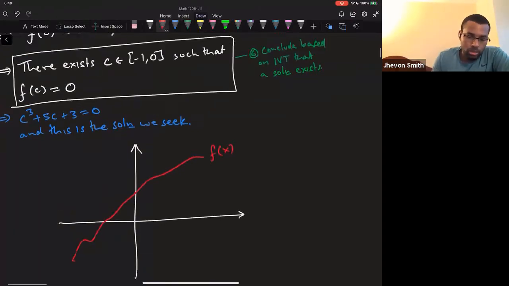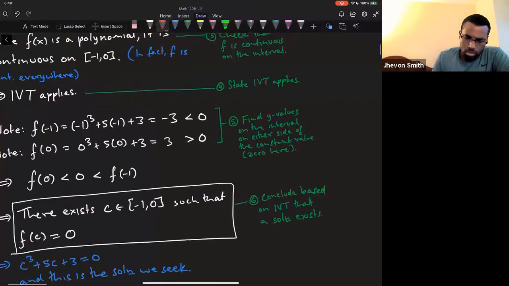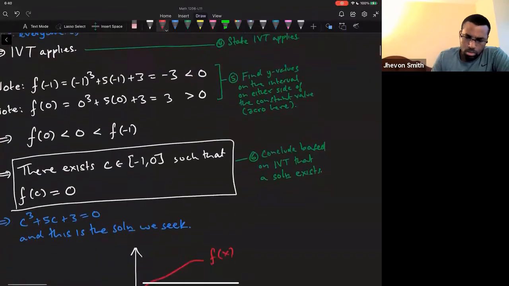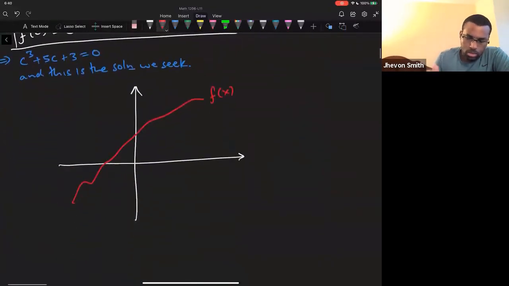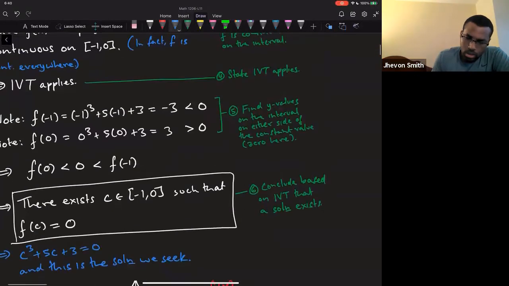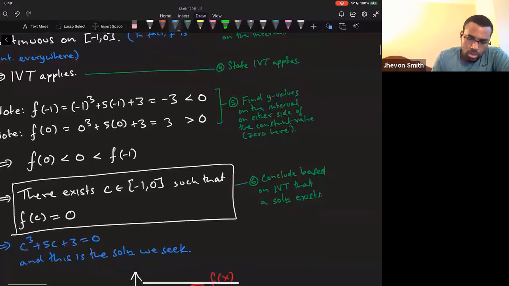And I'm on the interval -1 to 0. I found that my f of -1 was less than 0. Everybody's in the opposite order.